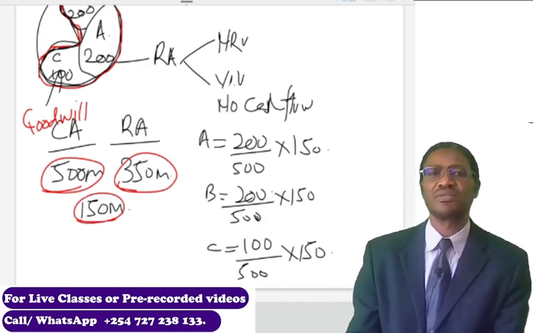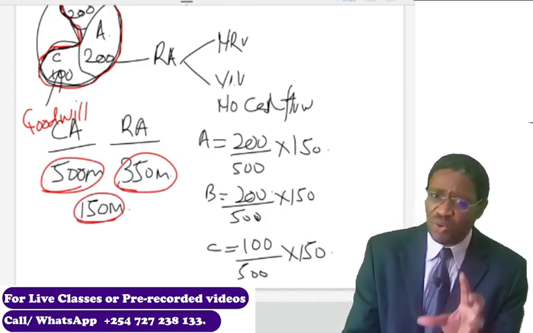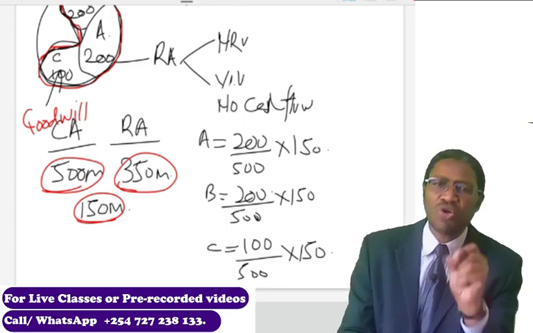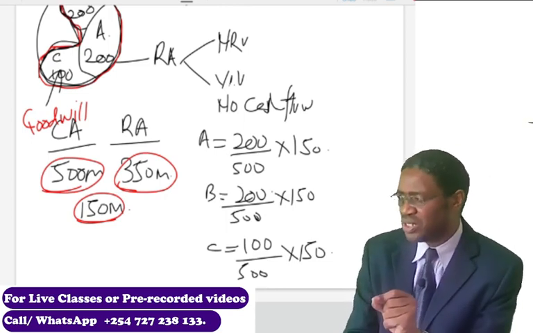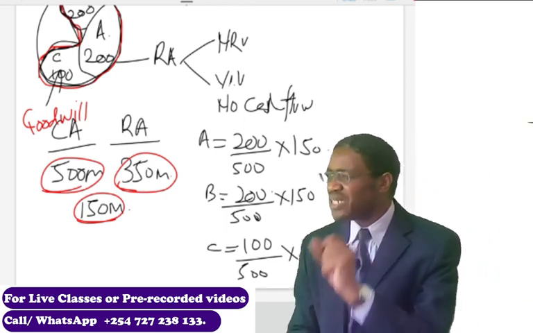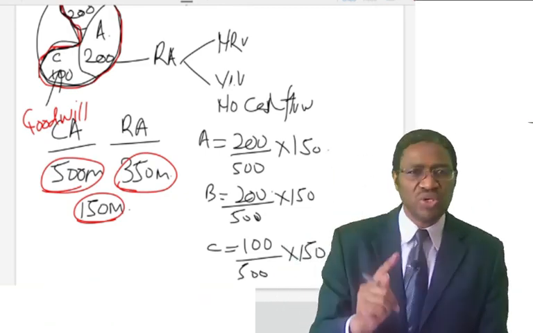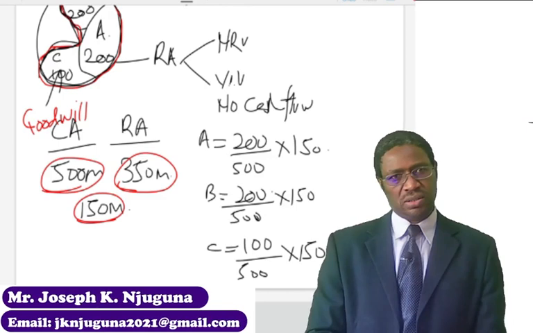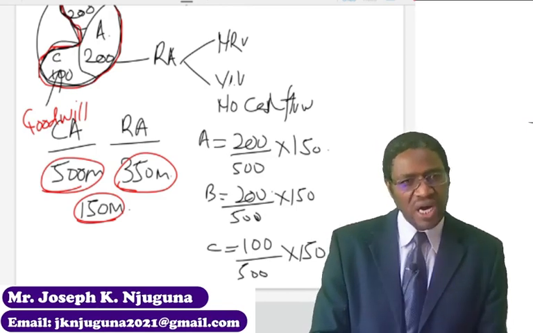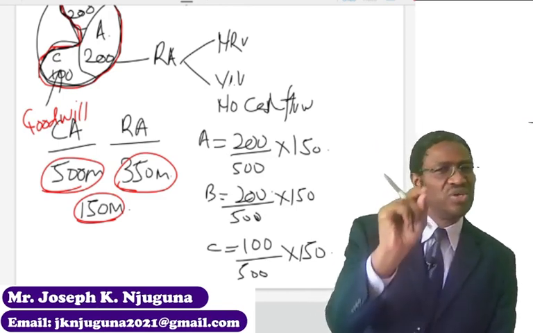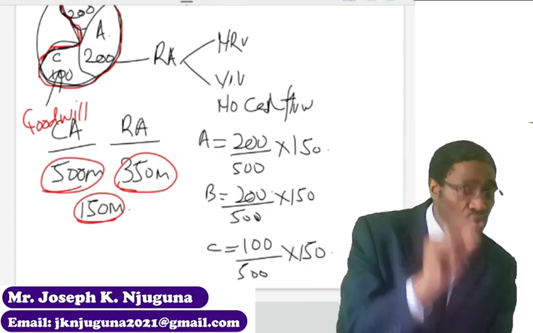That's okay. But then the question now is, how do we allocate that 150 to the assets in the unit, where one of the assets in the unit is an asset called goodwill?